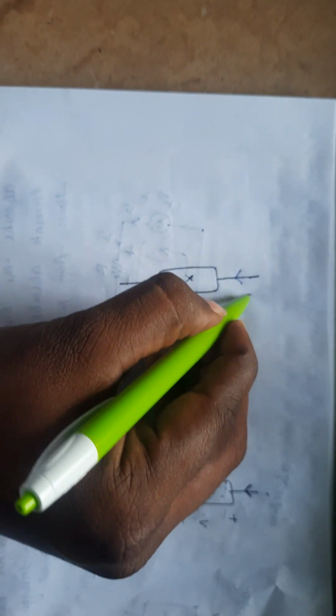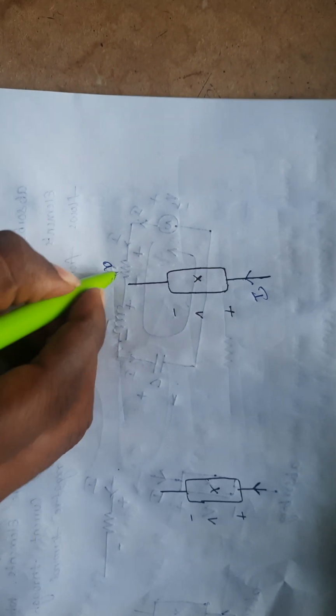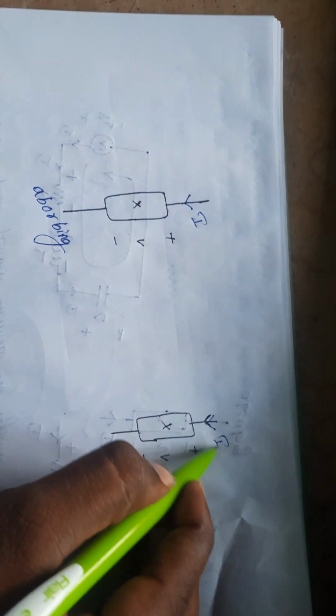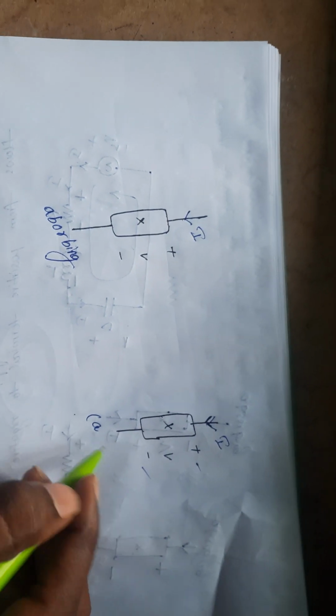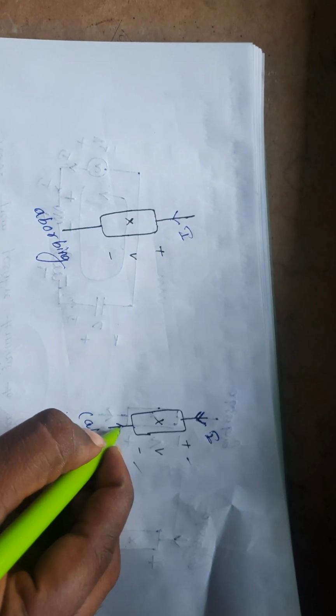These are the figures I already drew. What is this? This is absorbing. This is the positive terminal and this is the negative terminal. The current direction is this. This is also absorbing. Here this current is I. What is this current? This current is minus I.